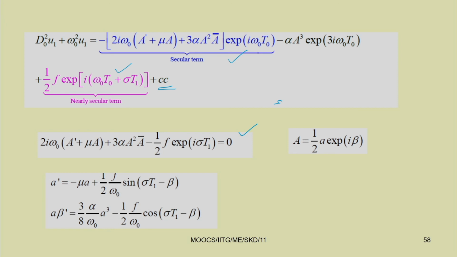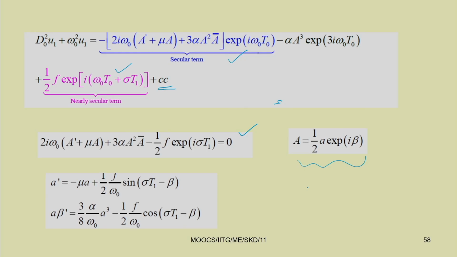So, the product term 2 i omega 0 a dash plus mu a plus 3 alpha a square a bar minus half f e to the power i sigma t 1 becomes 0. As a is a complex number, as explained before, a can be substituted by half a e to the power i beta, and substituting this and separating the real and imaginary terms, we can get these two expressions.